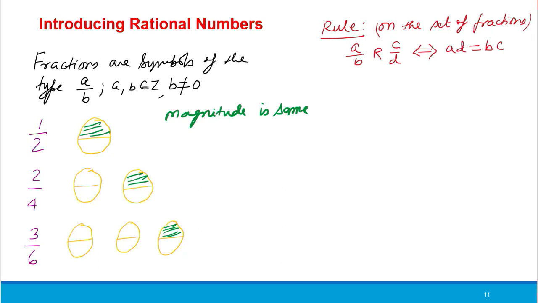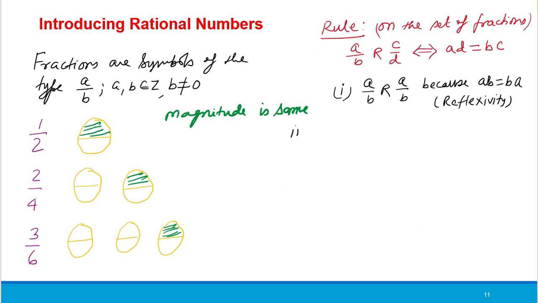We impose this rule. Now we will check whether it is going to be an equivalence relation or not. First is reflexivity. So a by b is related to a by b because ab is equal to ba, and therefore we have reflexivity.